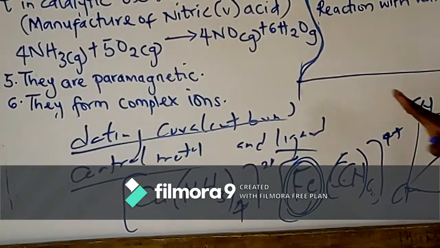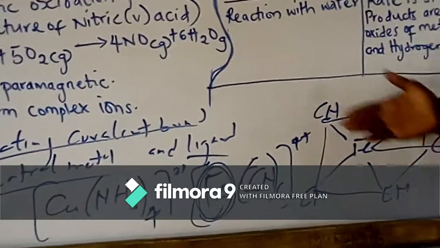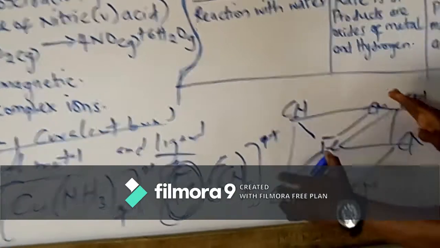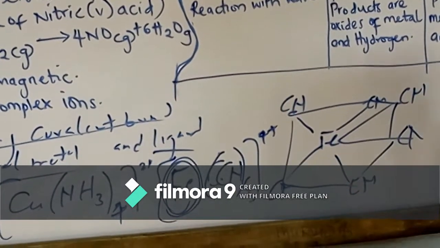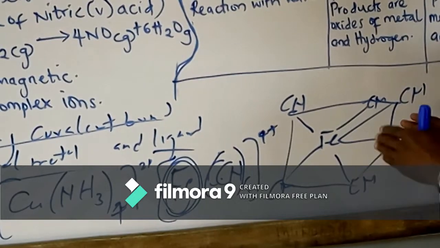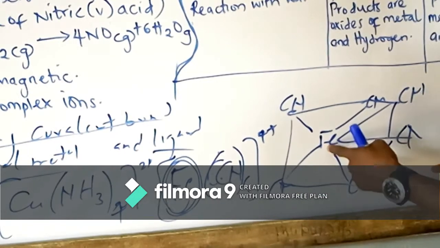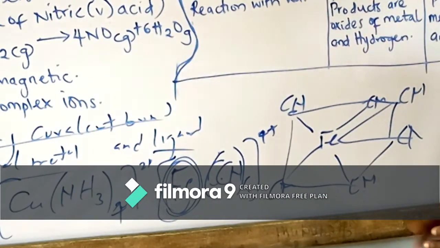And this is how the dative covalent bond exists. This structure is a complex ion. We have the central metal dative covalently bonded to the ligand to form the complex ion.